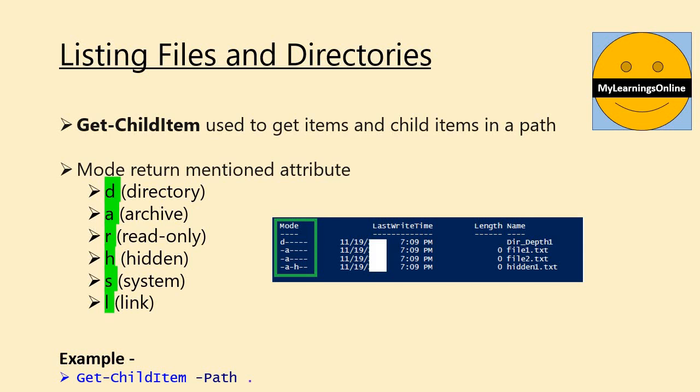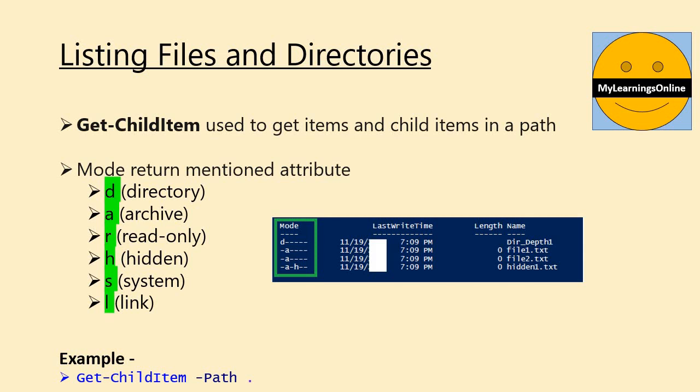As we can see in the screenshot, if the first character is d, then the item is a directory, and if the first character is a hyphen, it means the item is a file. In the same way, if mode has any of the characters that are marked in green, that means it has the property enclosed in brackets.